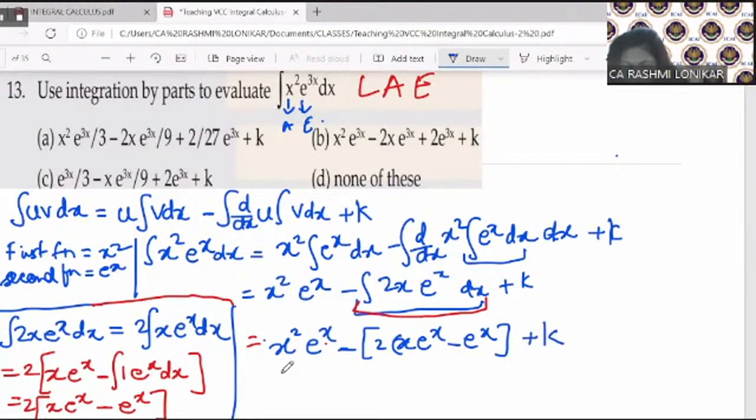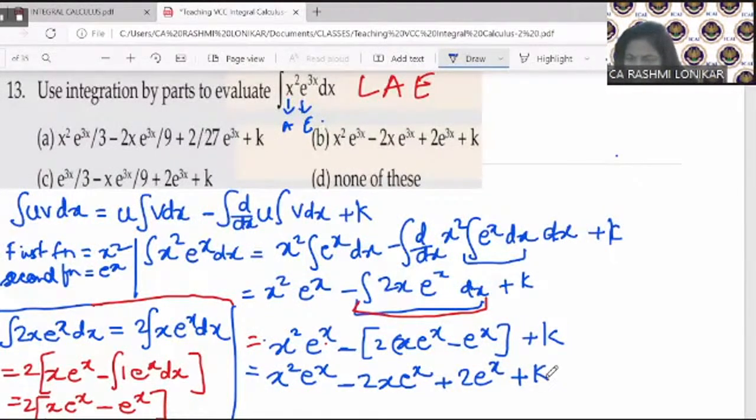This is equal to x square e raised to x minus 2 into x into e raised to x, which is minus 2x e raised to x, minus 2 into e raised to x, which will become plus 2 e raised to x plus c. Let's see which answer.